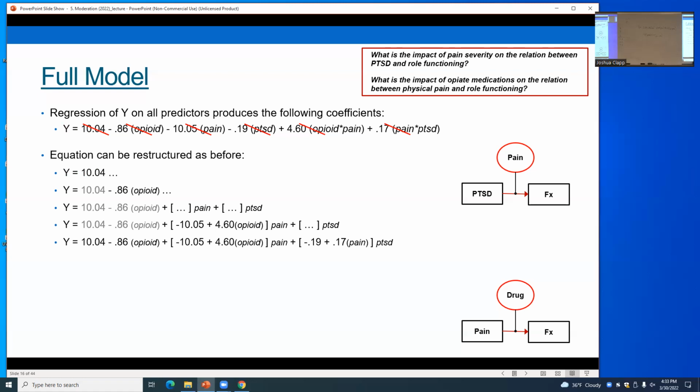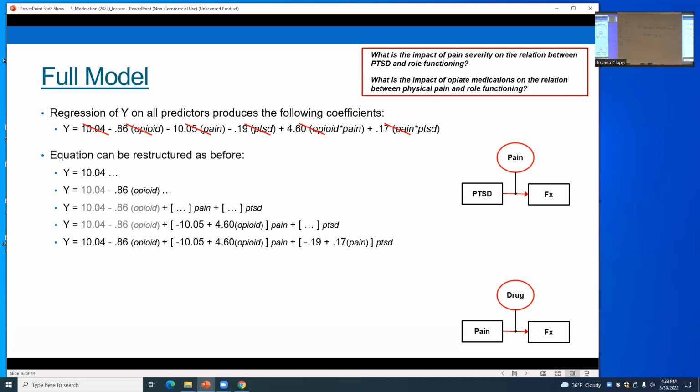So when we look at this, by definition, the level of pain changes the nature of the relation between PTSD and functioning. Same thing here. Opiate use, by definition, is going to change the nature of the relation between pain and functioning. Depending on what value I put in here, that number is going to start changing around, right?